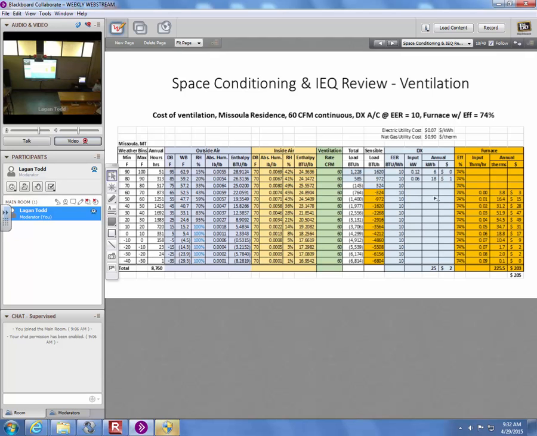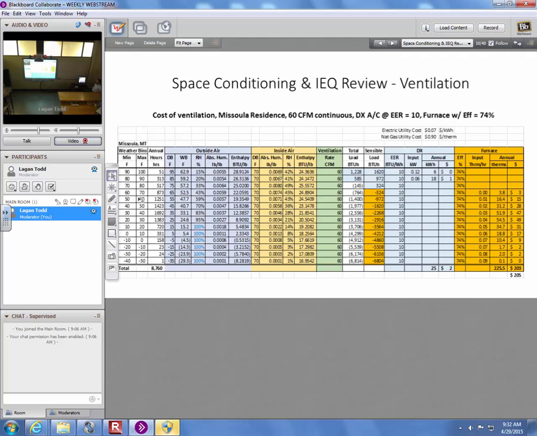Anyway, I think you can see the whole thing here. I apply the total load to the DX air conditioner where we have to cool that outside air. So up here in these top bins, the outside air is coming in at 95, 85, and we're trying to cool it down to 70, so that's a load on our DX system, our air conditioner.